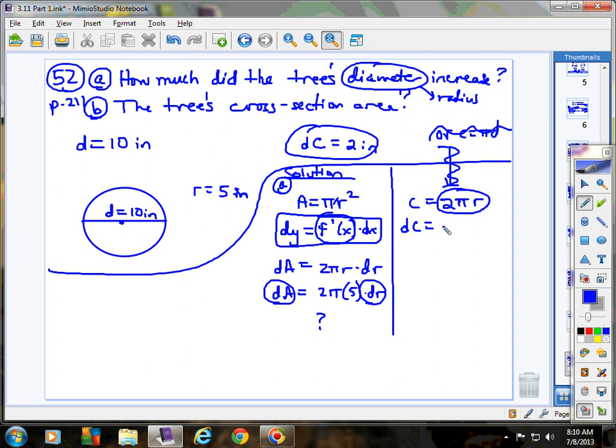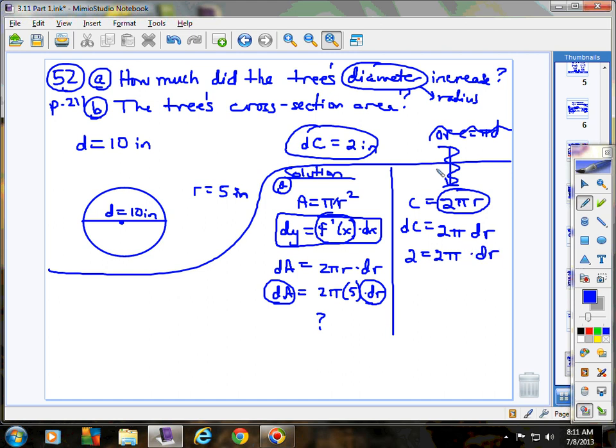What's the derivative of that? 2 pi, and then times dx, or in our case, dr. So dC is given to us, so let's put the value in for it. So dC is 2. We've got an unknown. dr is our unknown.